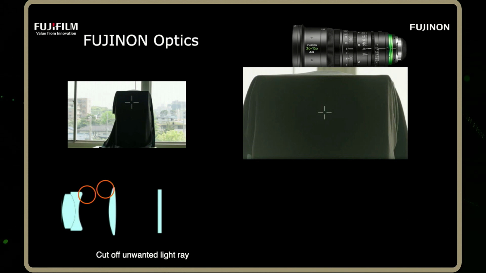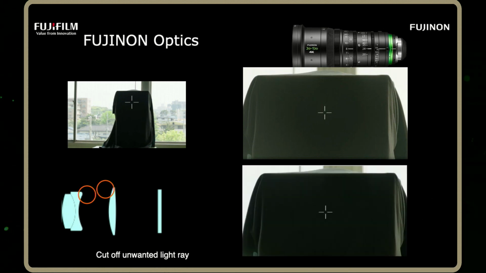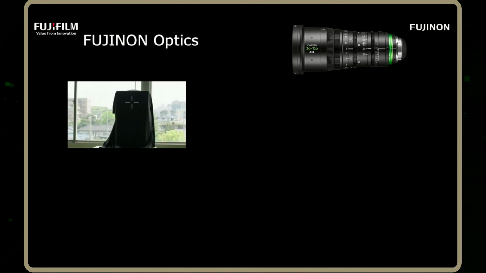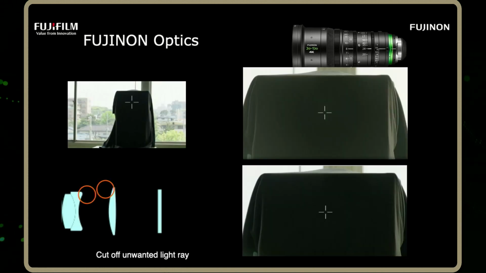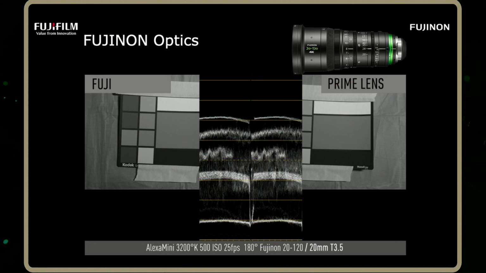So just you can build this slide a little bit more. So yeah, you can start to see here some of the contrast difference with another lens compared to the XK20 to 120. You can see the blacks are darker, and we're going to look at this in the next slide on a scope.